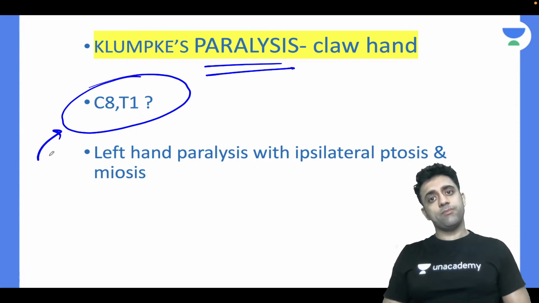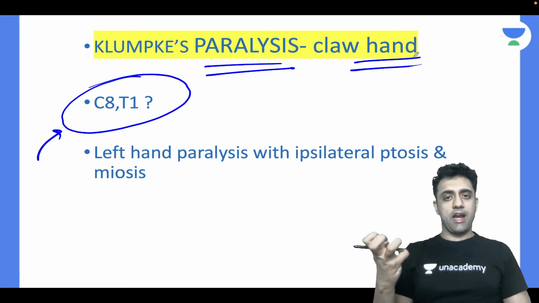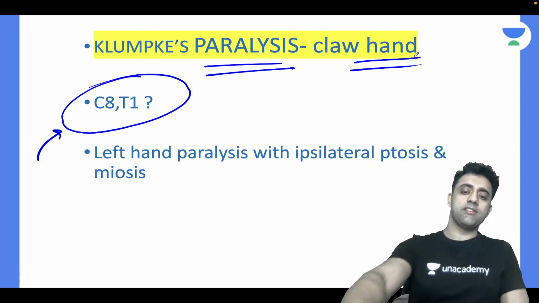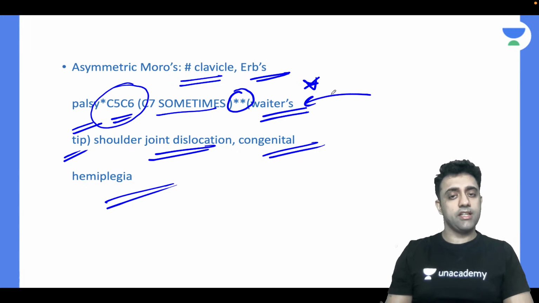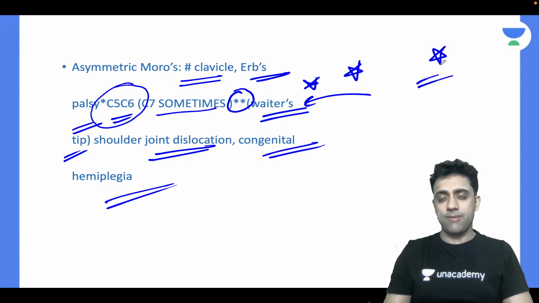And remember, Klumpke's paralysis is nothing but claw hand, whereas Erb's paralysis is nothing but waiter's tip. These again are star mark. These two are exam questions.